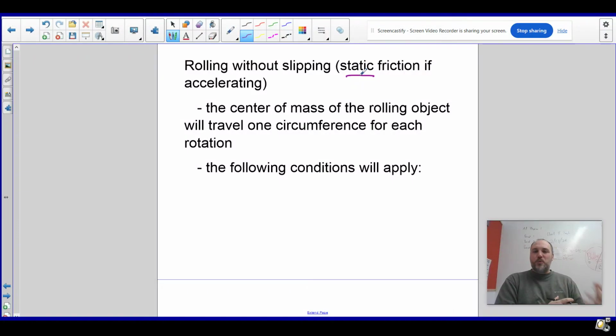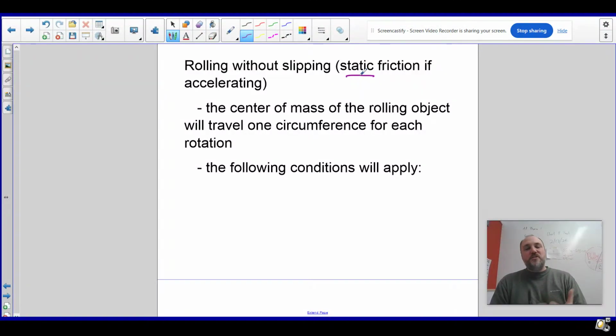So for an object that's rolling without slipping, as the wheel rotates, the center of mass continues translating forward. For one revolution of the tire, the center of mass should move one circumference. That's what we mean by rolling without slipping. The center of mass moves one circumference for each rotation.